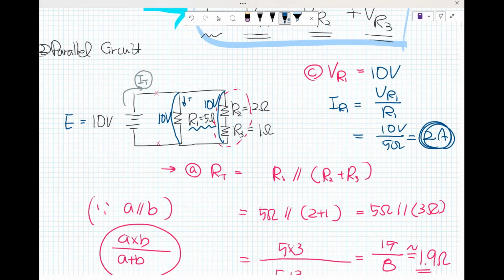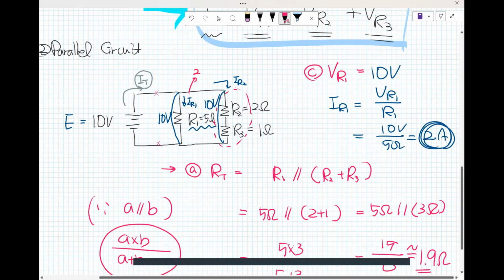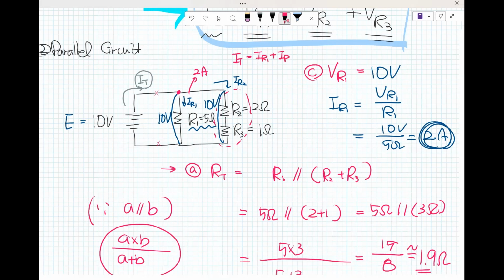So here, put the I sub R sub 1 as 2 amp. We learned before KCL: I sub T is I sub R sub 1 plus I sub R sub 2. Why?